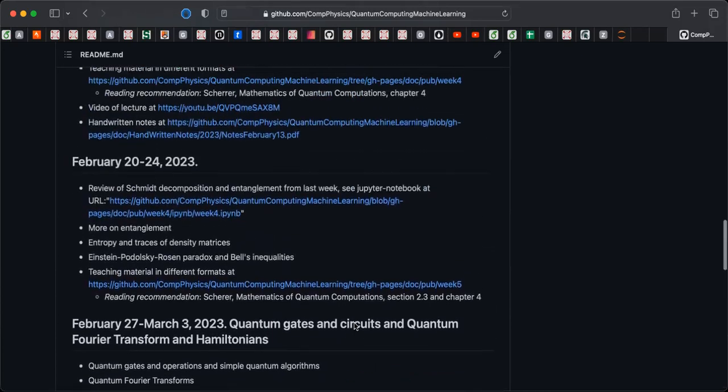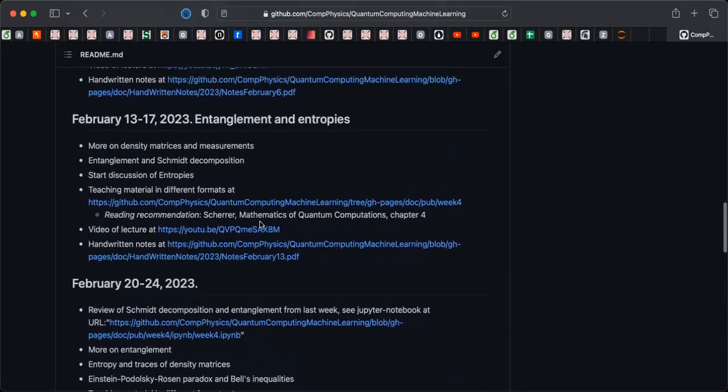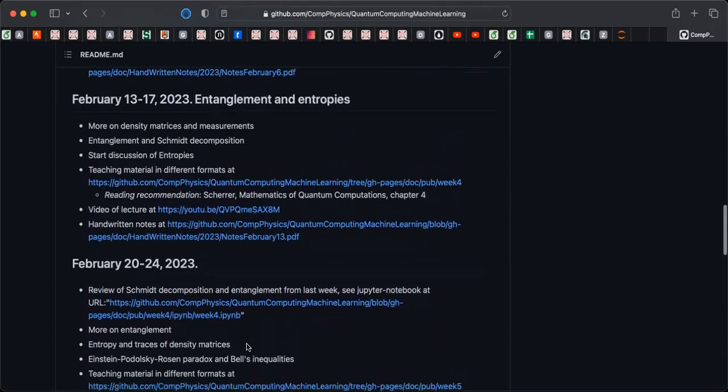Okay, so if we go back a little bit to what we did last week, let me quickly remind you of that before we dive into today's material, which is actually more about entanglement and also about the density matrices, how we can use them to define whether a system is entangled or not, what we mean by a pure state, and what kind of measures we can use in order to say something about entanglement of a system.